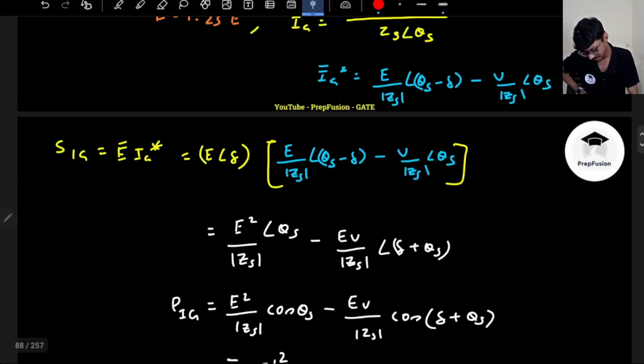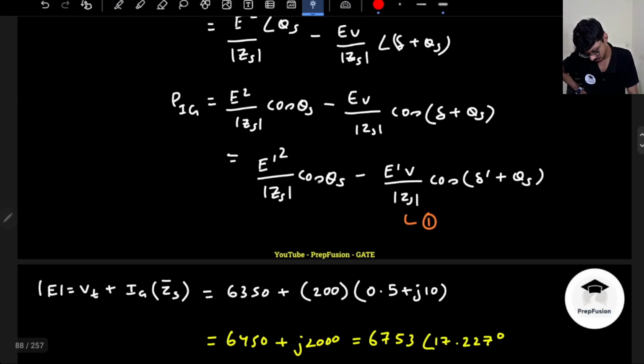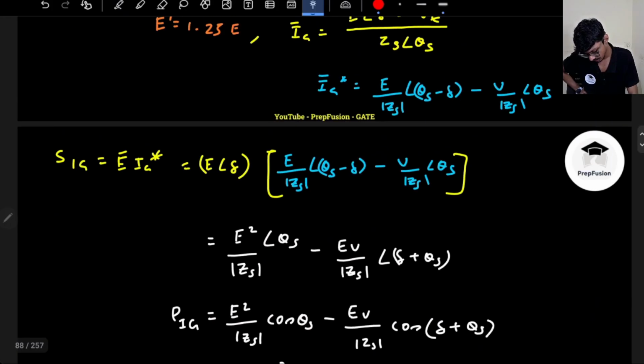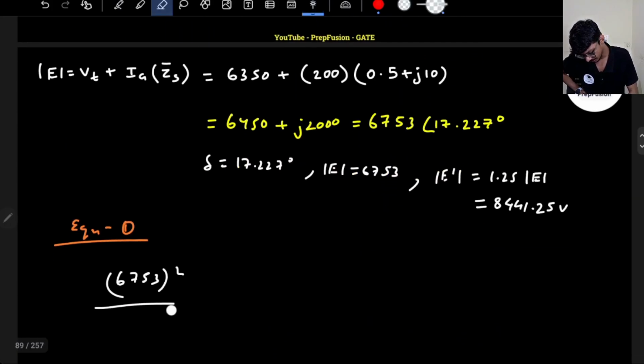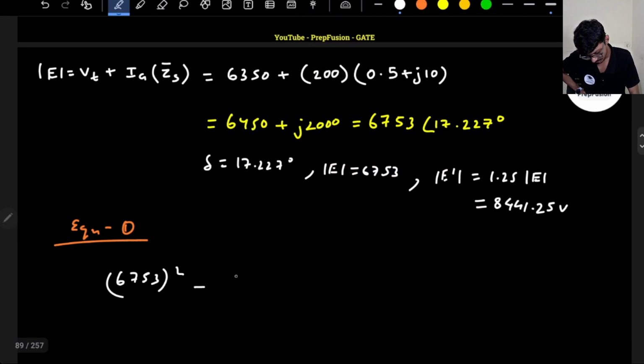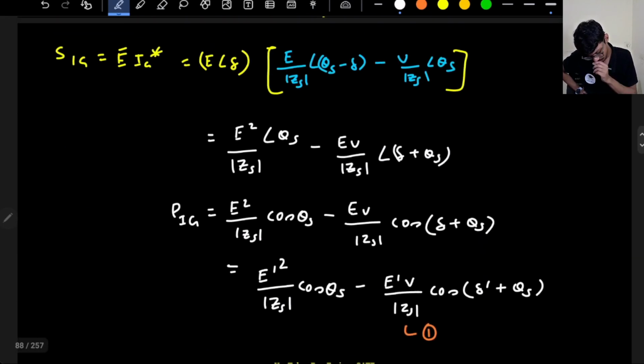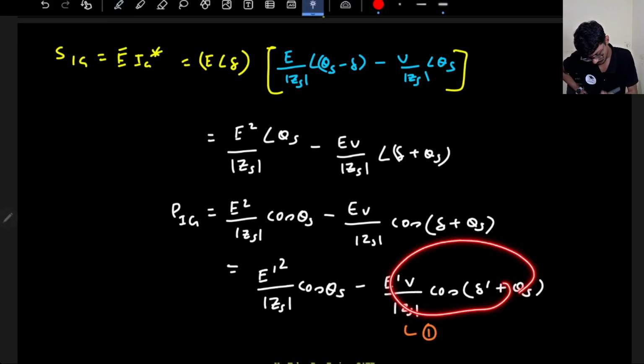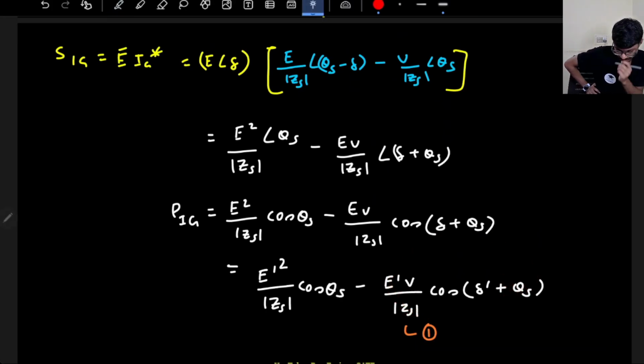Cos theta s is what? This is also cos theta s, but this is E dash whole square. So basically this will be E whole square minus this. I have to find out this delta dash. So I can take this on the left hand side and everything else on the right hand side.